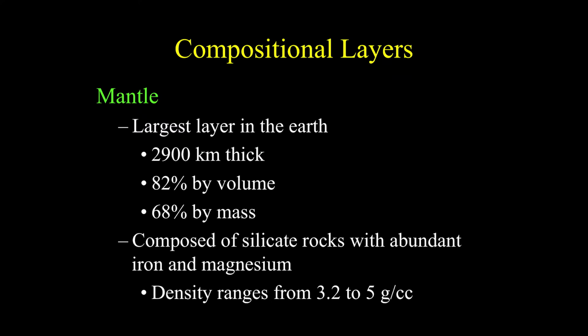The mantle is the largest layer in the Earth at 2,900 kilometers thick, 82% of Earth's solid volume, and 68% of Earth's solid mass. It is composed of silicate rocks with abundant iron and magnesium. Its mass density ranges from 3.2 to 5 grams per cubic centimeter.